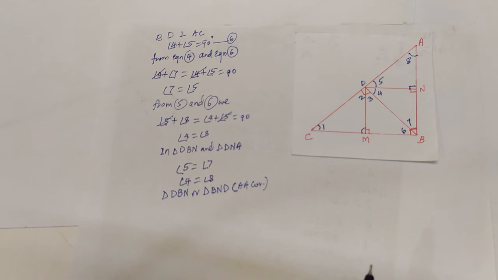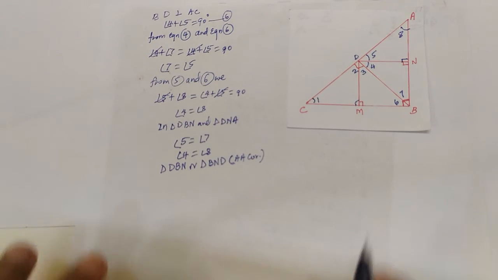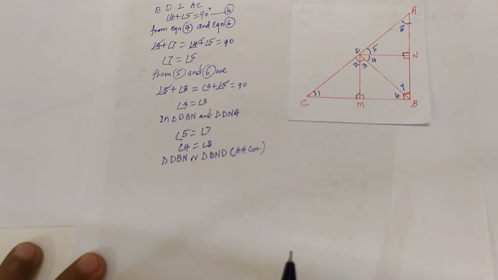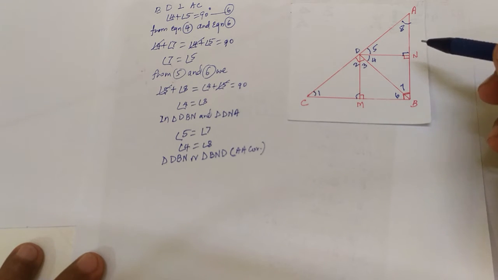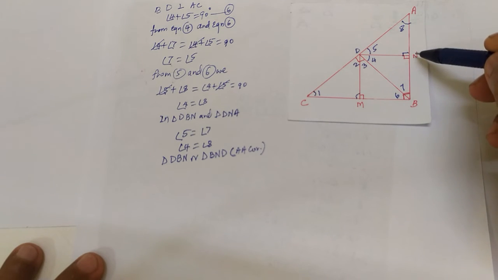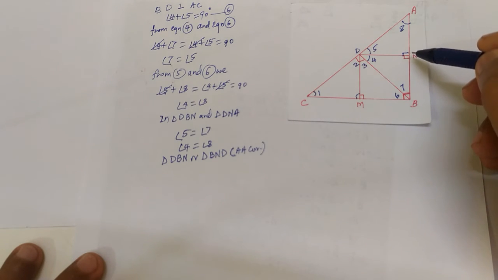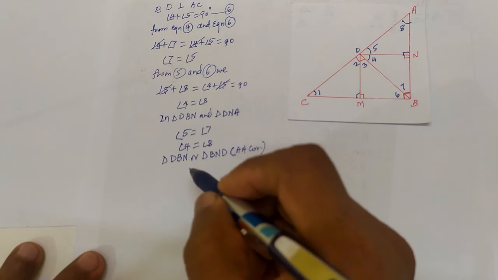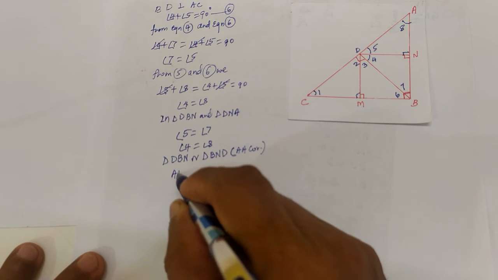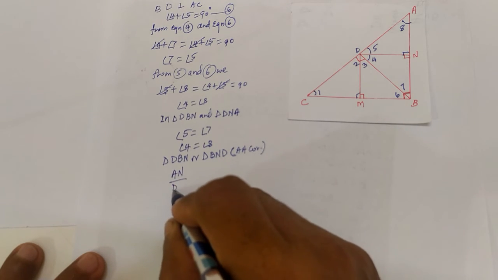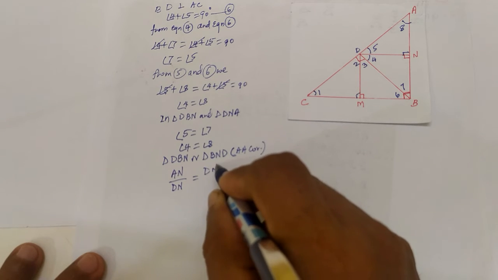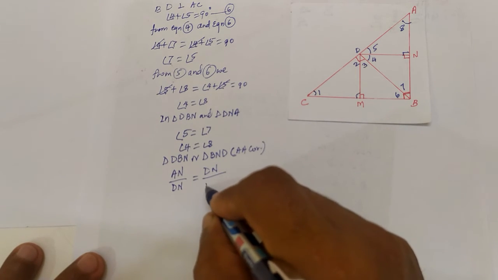So we'll write down the corresponding sides. Now what are those corresponding sides? AN upon DN is equal to DN, that is the common side, upon NB.